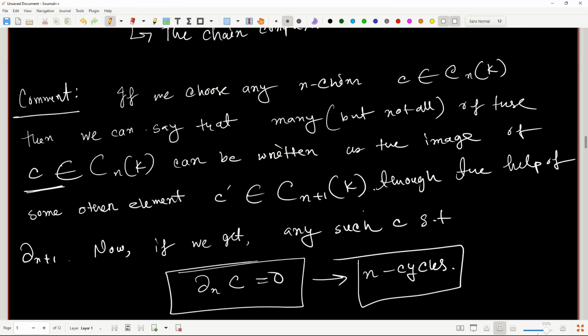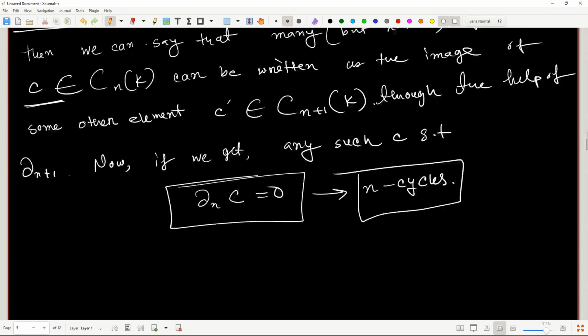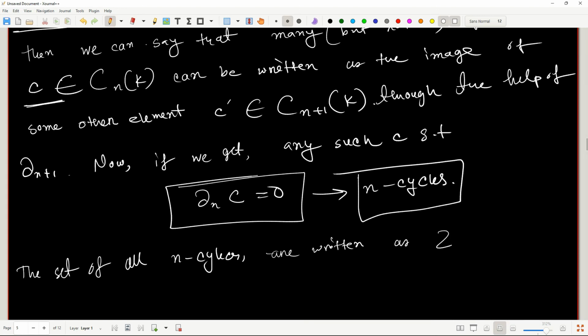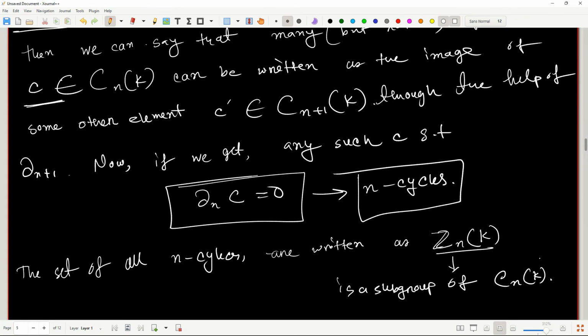The set of all n cycles are written as Z n of K, and this is a subgroup of the n chain group.